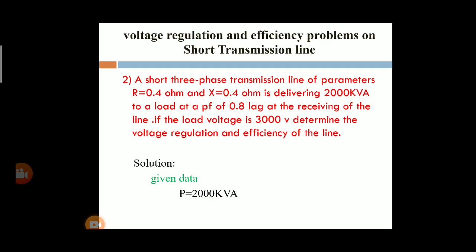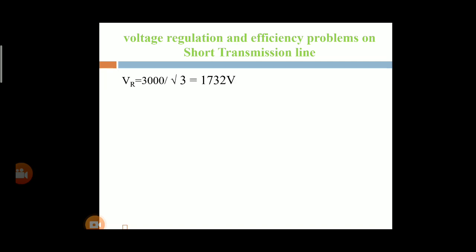It is a three-phase transmission line, so we take VR as 3000 by root 3, which gives 1732 volts. This is the receiving end voltage. Next, the power factor cos phi is 0.8 lagging.